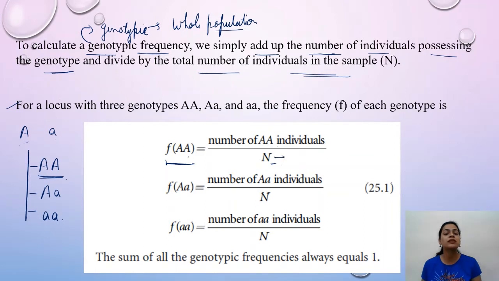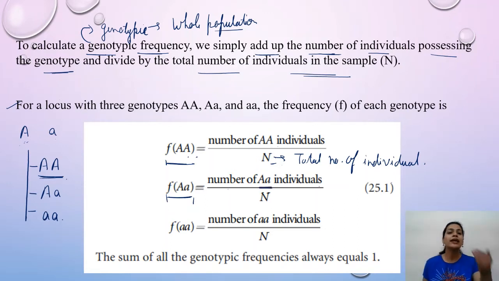N represents the total number of individuals in that particular sample, or the particular population, and this will give me the frequency of this genotype. Okay, and what will be the frequency of the heterozygote? It will be the number of individuals having this kind of genotype divided by the total number of individuals.